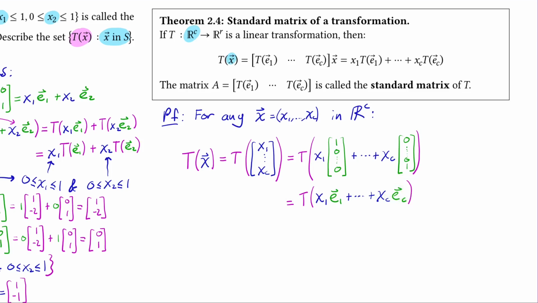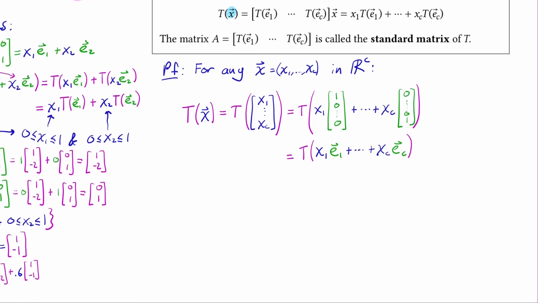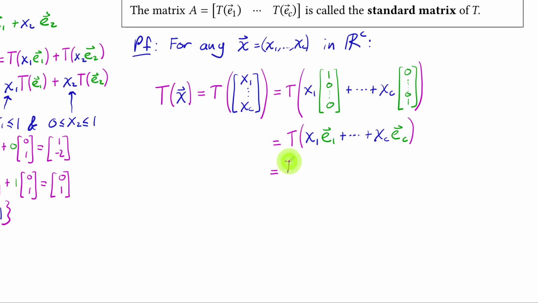Now at this point, we can see that any vector x is really a linear combination of these identity matrix vectors. And because T is linear, it has these properties, a distributive property and an associative property.